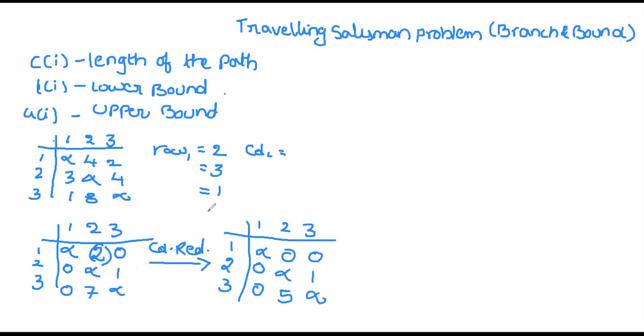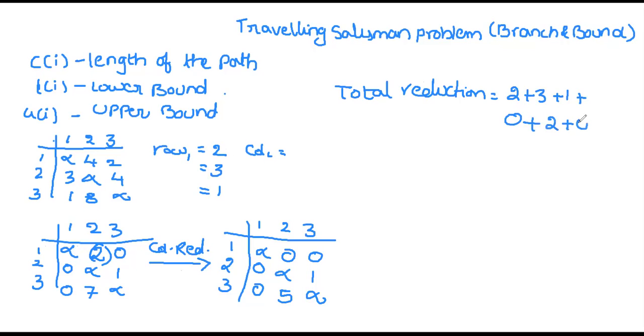While doing row reduction, the values 2, 3, 1 are subtracted from the corresponding rows. The total reduction is 2 plus 3 plus 1, and after that for the first column 0, second column 2, third column 0.